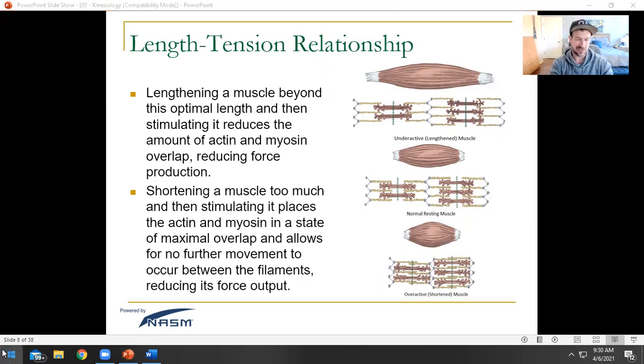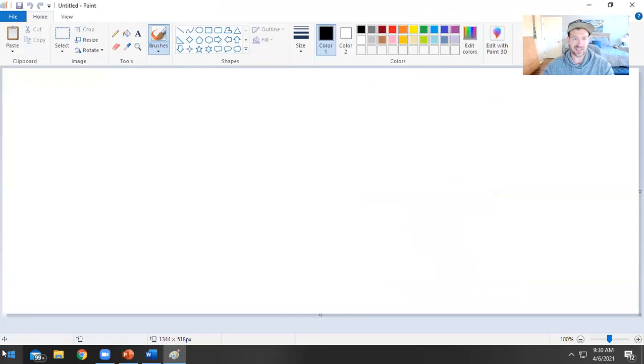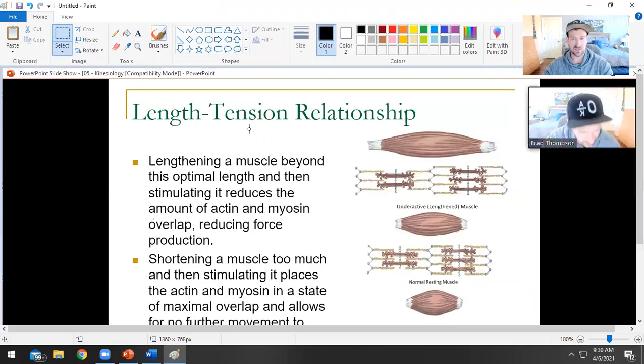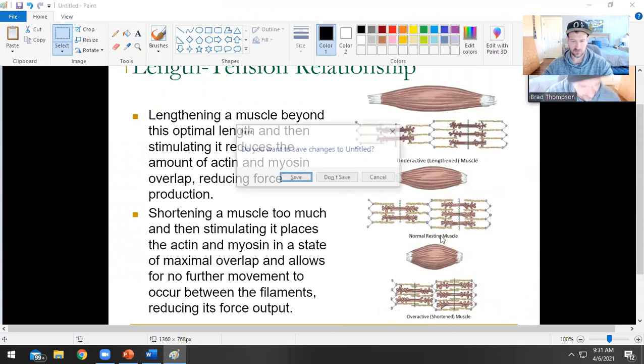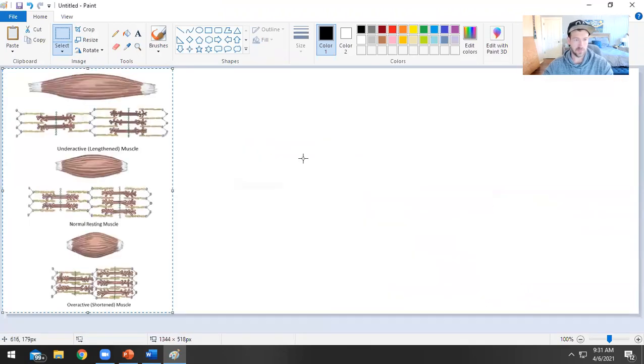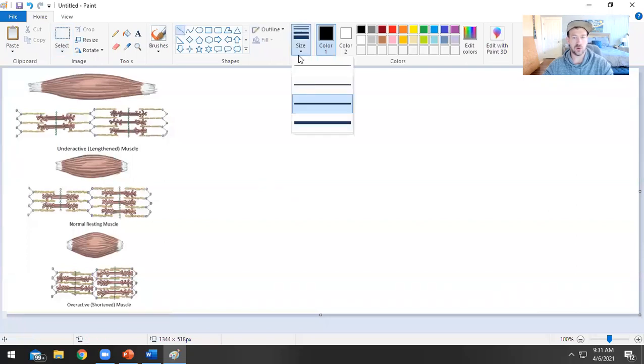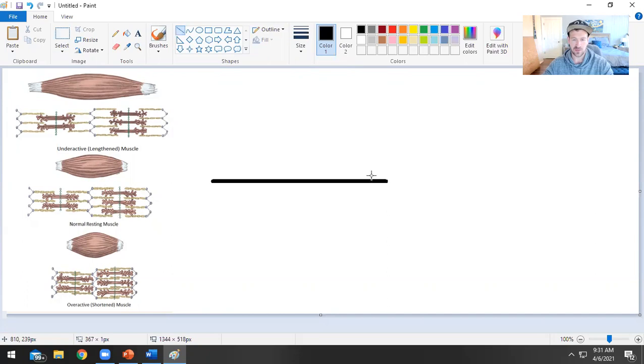Let's see, hopefully I can do this quickly and efficiently. Let's copy this and take this over to Paint. I'm going to steal this whole drawing. Okay, so this would be a normal resting length muscle here. This is a muscle at rest.